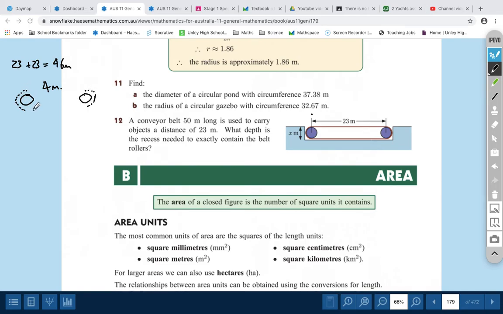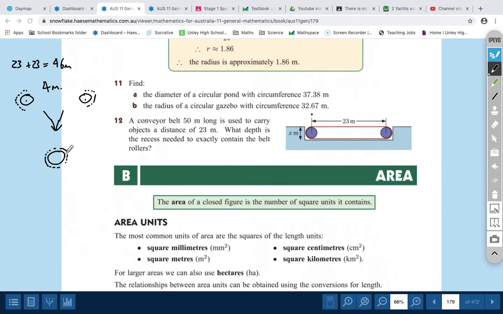We can combine this into one circle. I'm trying to draw it with some kind of arrow. Look, it looks like a face now. There we go. So this is really just one circle.